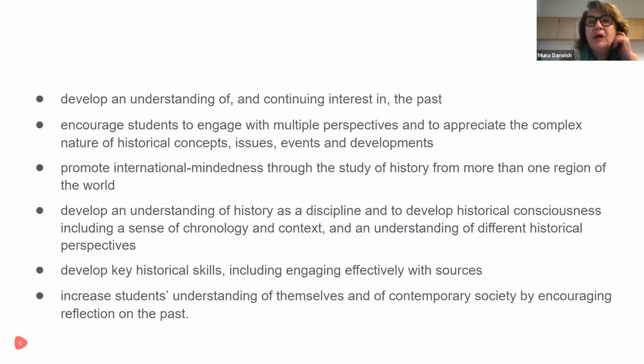We keep talking about the understanding of different historical perspectives, because this taps into international mindedness. This taps into enabling us as students to acquire different perspectives and interpretations, and consequently evaluation and synthesis of the same historical event.